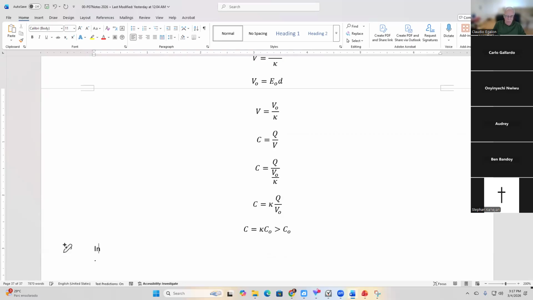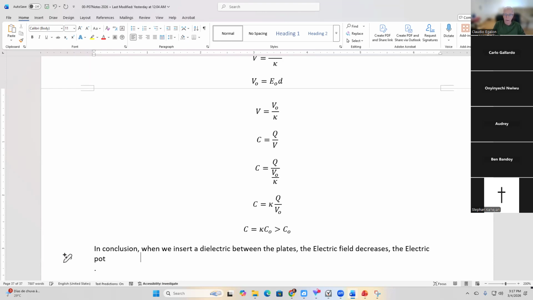So, in conclusion, when we insert a dielectric between the plates, the electric field decreases, the electric potential decreases.